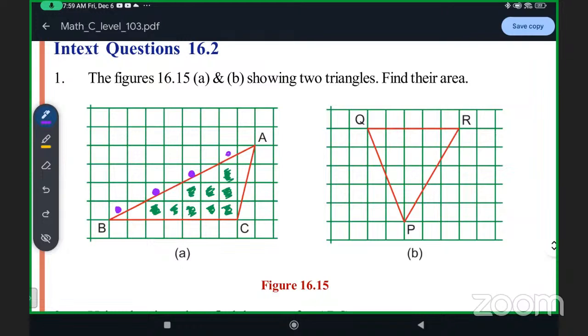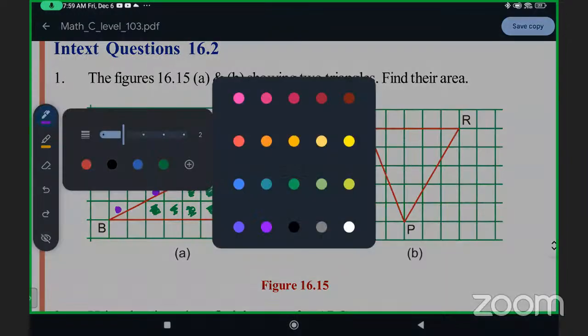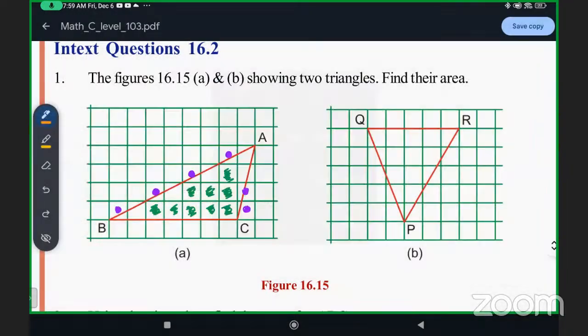Then this one, and this one, and I think this one also less than half. Yes, so there are six which are less than half. So we'll do 6 into 0. 9 plus 6 into 0, plus.